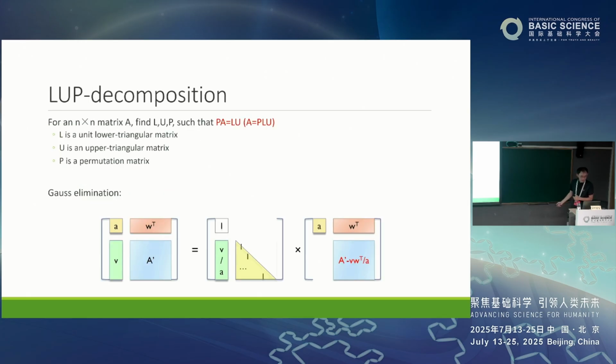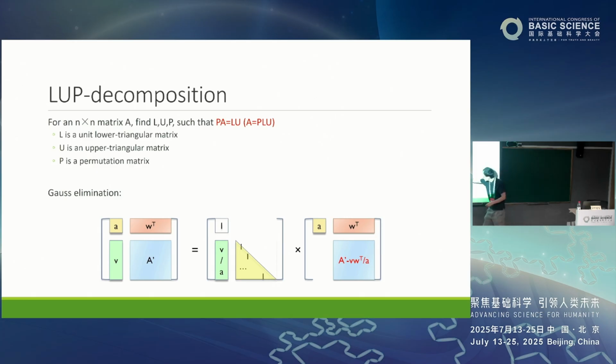For example, the LUP decomposition is just Gauss elimination.